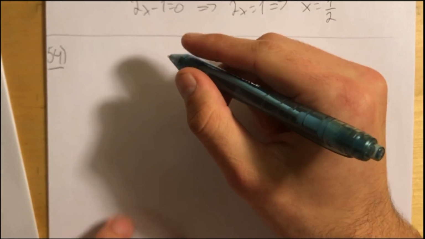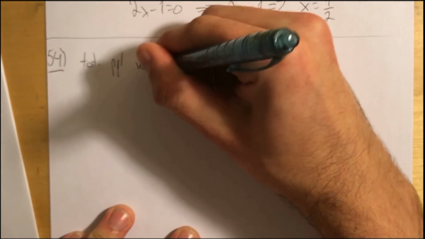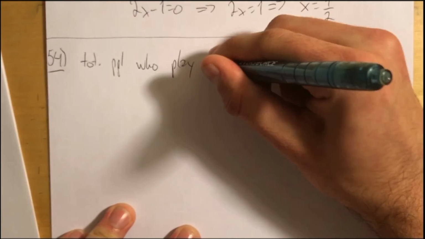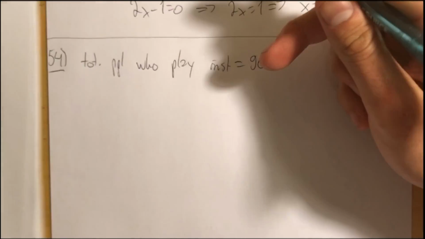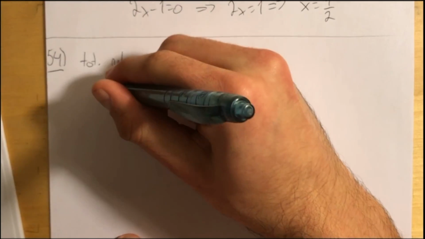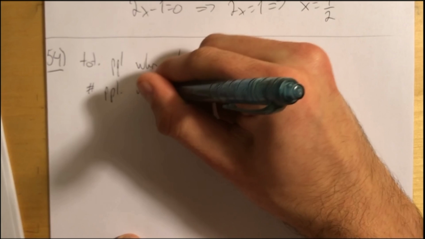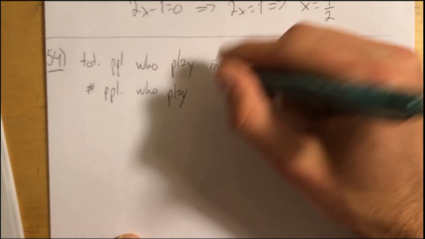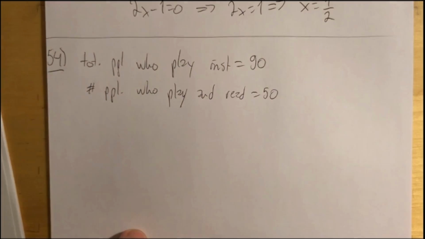So the total people who play an instrument is 90 people, as we can see from the table. And then the number of people who play and read is 50.